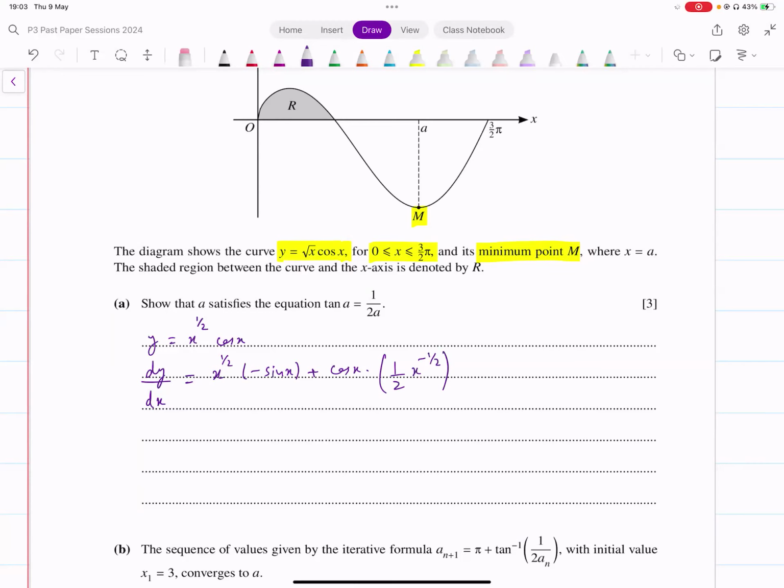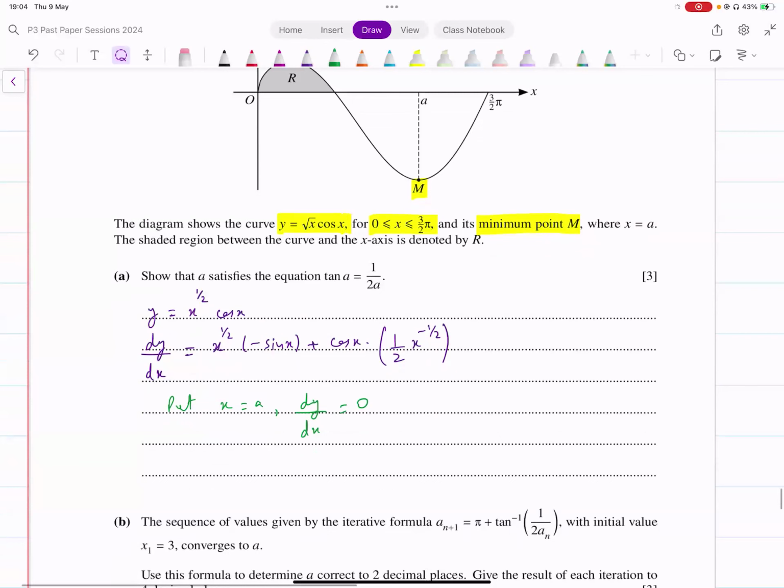Put this equal to 0. And you know, when the derivative is 0, the value of x is supposed to be a. So you put dy over dx equal to 0. So when you say when x equals a, dy over dx is equal to 0. And you get an equation like this.